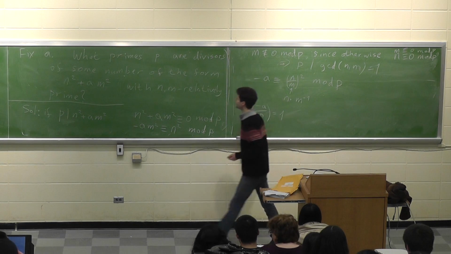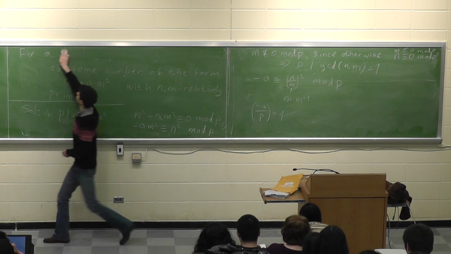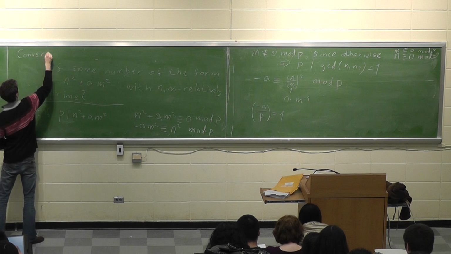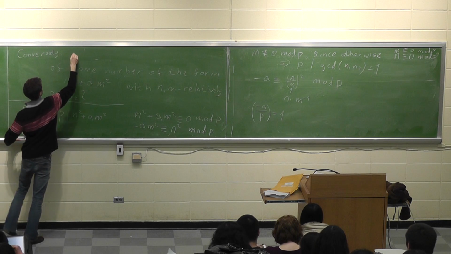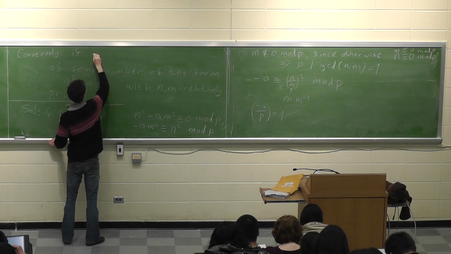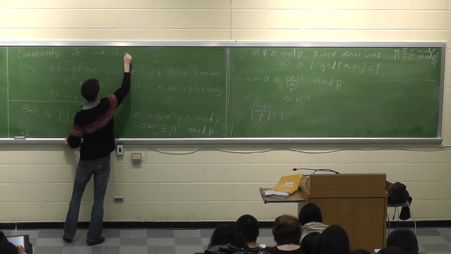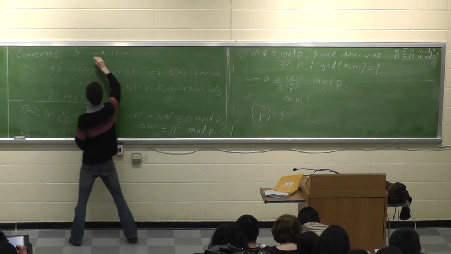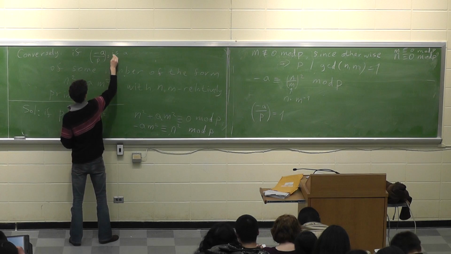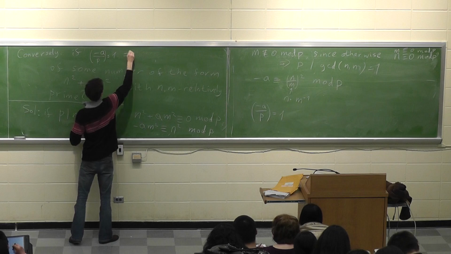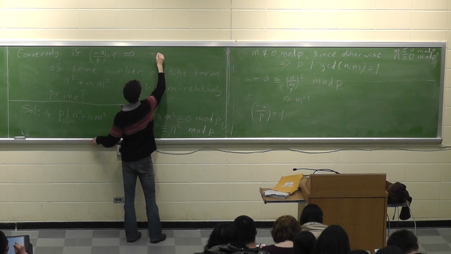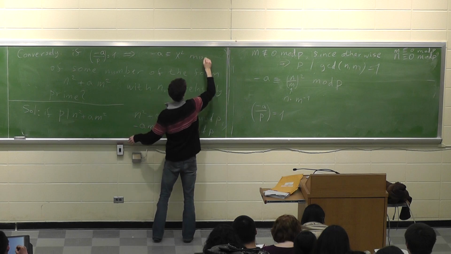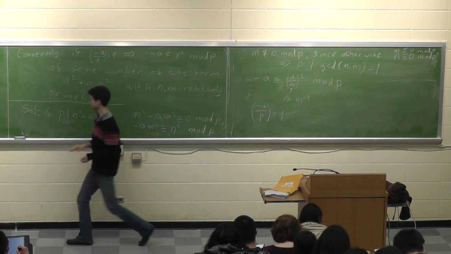Well, let's see. Conversely, if minus a is a square, if minus a over p is equal to 1, then minus a is congruent to x squared modulo p for some x.